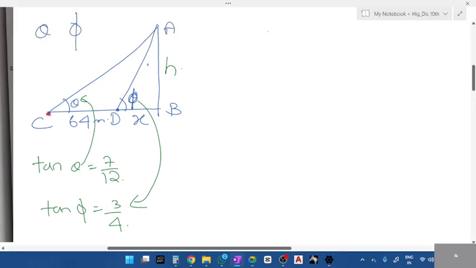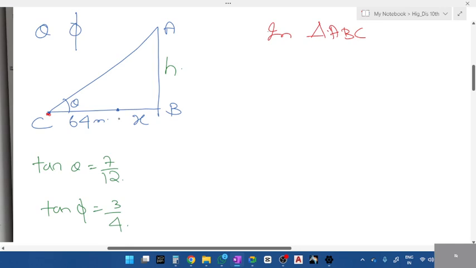Take the big triangle. Which triangle I have to consider? Which is the bigger triangle here? In triangle ABC, take theta. Look here, I'll remove this one. Just concentrate, focus on ABC.